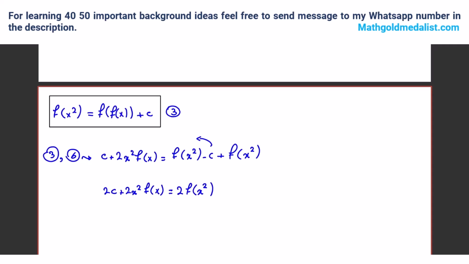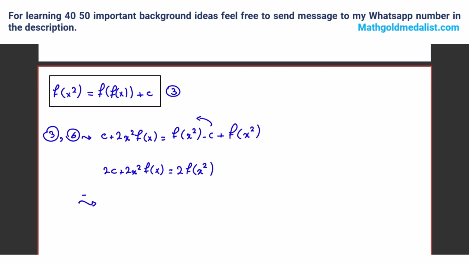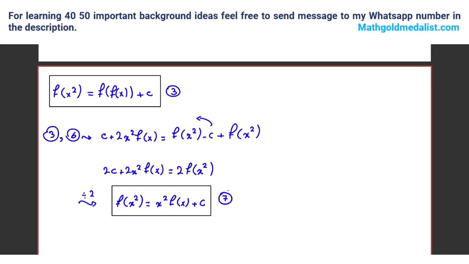And now we can divide both sides by 2. So c, we can switch left hand side and right hand side. f of x squared is equal to x squared f of x plus c. Okay, we can call it result number 7, okay? And that can be useful.